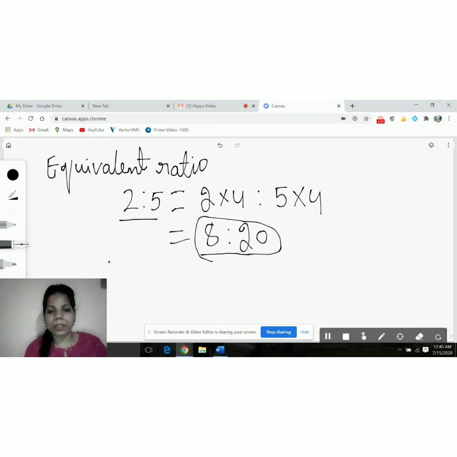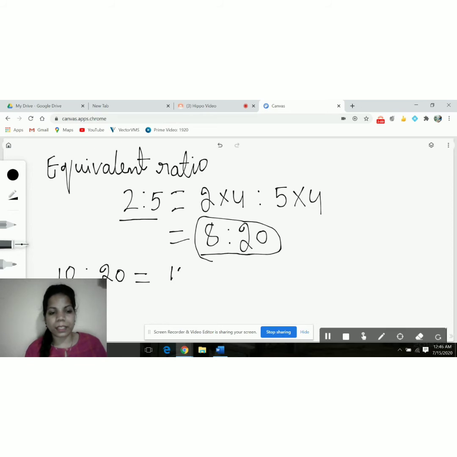Now how to reduce a ratio to its lowest terms? We will take another example. 10 is to, let us take, 20. How do we have to reduce it into lowest terms? We have to divide both terms by their highest common factor.